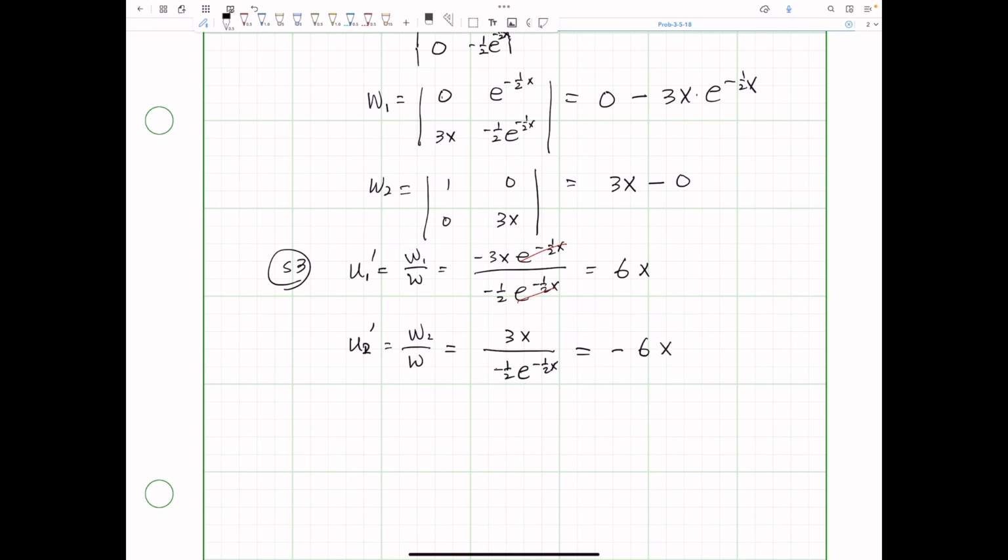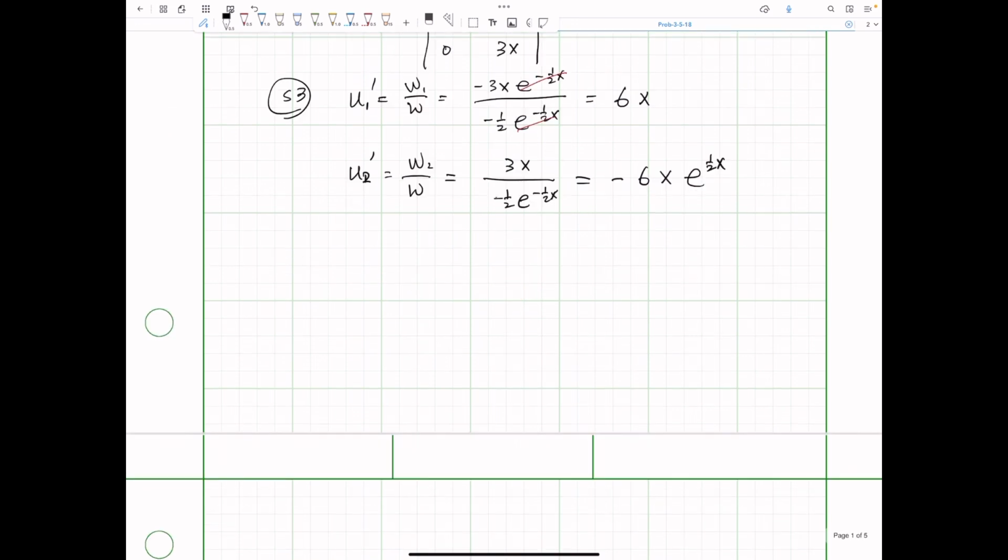And the denominator e to the negative 1/2 x, bring it to the numerator. Change the sign of the power, that is e to the 1 over 2x. Now we need to calculate u1. So the integral of this, that is 6 times 1 over 2 x squared, that is 3x squared.